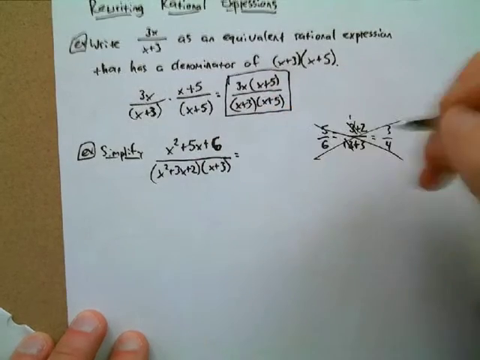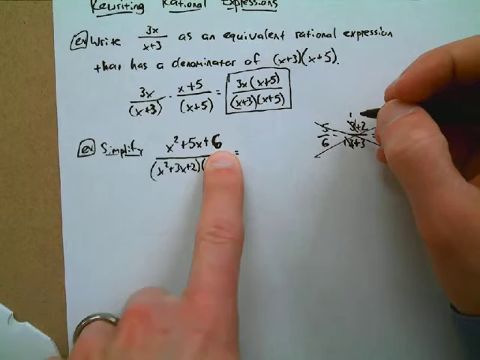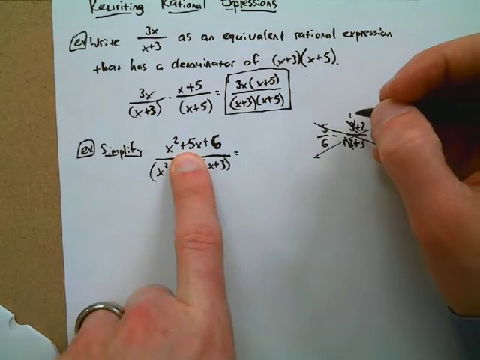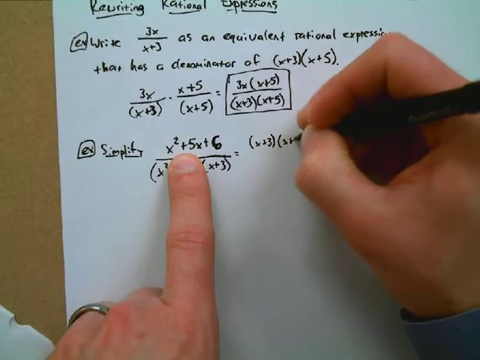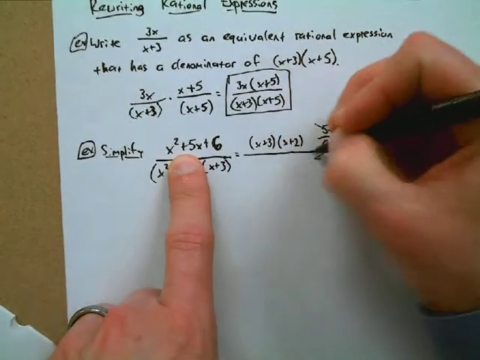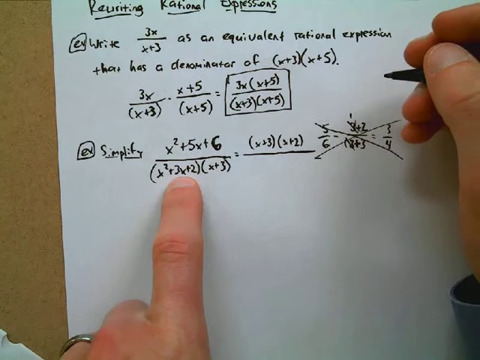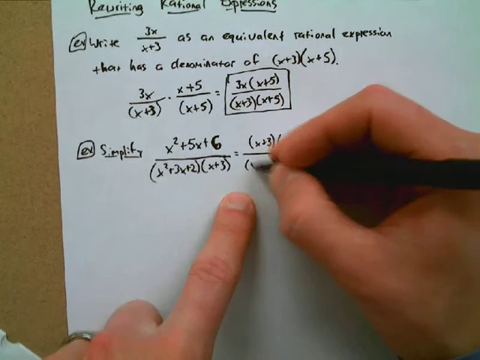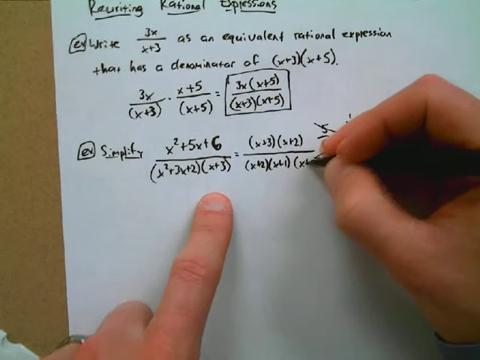Factor. For the first one, we need two numbers that multiply to 6 but add to make 5: 3 and 2. For this one, we're looking for two numbers that multiply to make 2 but add to make 3: 2 and 1. And we still have the x plus 3 there, don't forget that.